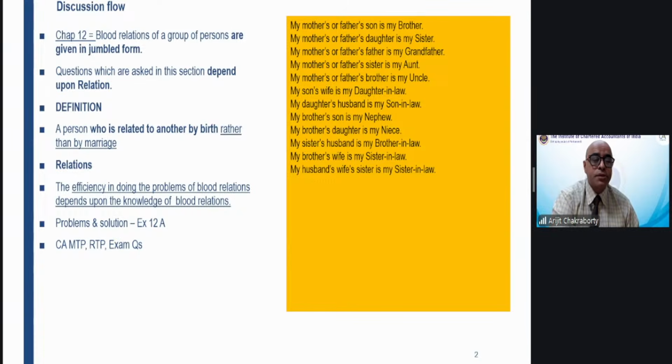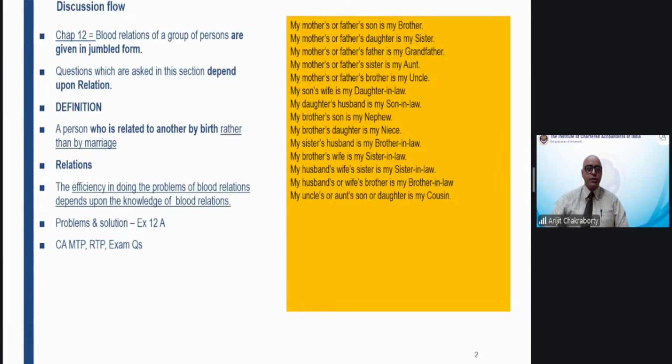Husband's or wife's sister will be sister-in-law. Husband's or wife's brother will be brother-in-law. Next, we have uncle's or aunt's son or daughter is cousin. And then wife's father or husband's father will be father-in-law.